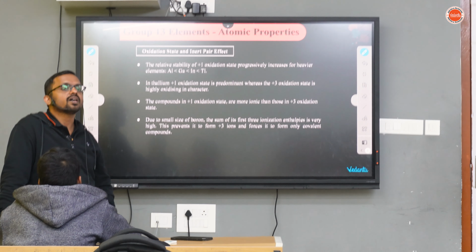And next, if you compare +1 versus +3 oxidation state, which will form the more covalent compounds?